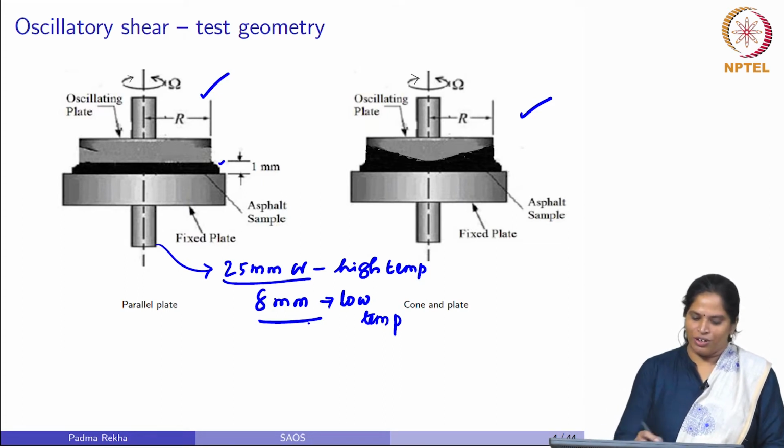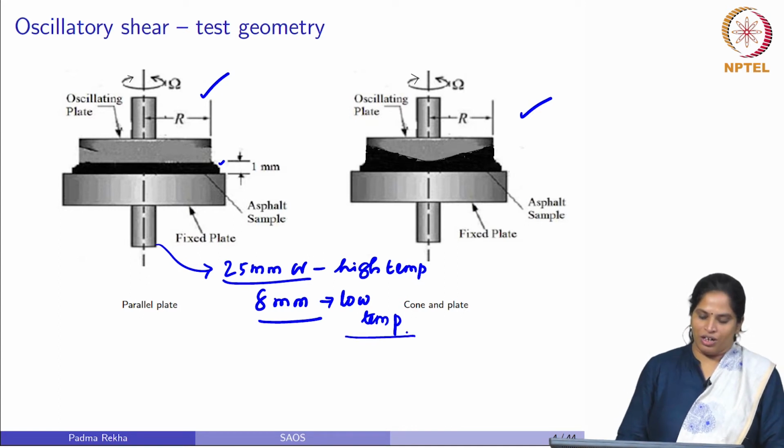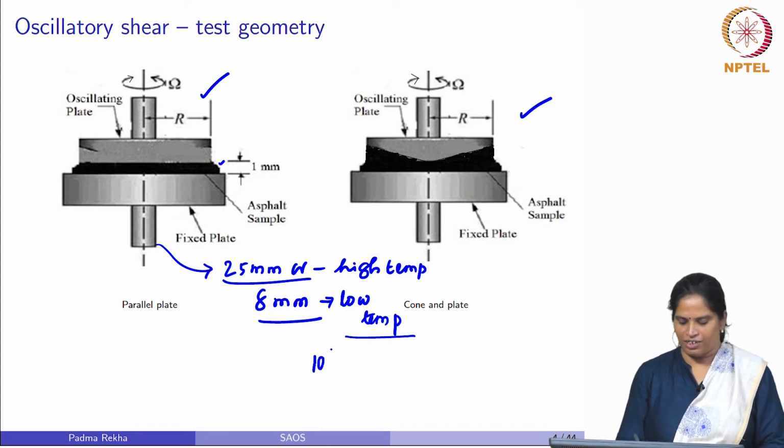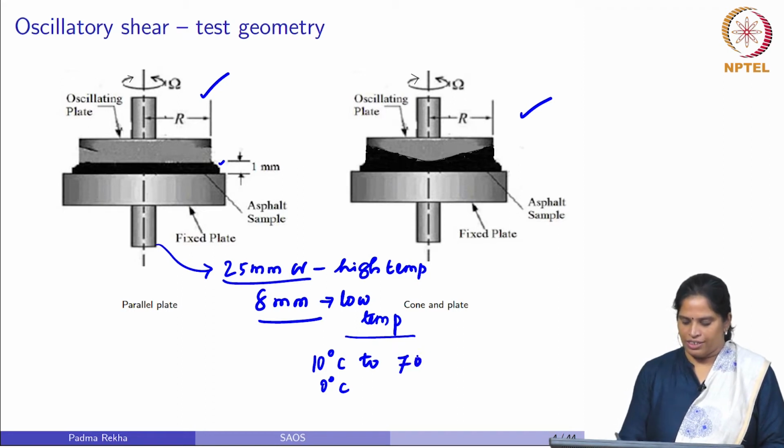Likewise, you cannot use the parallel plate geometry when the material is very stiff at a low temperature. The general temperature range for a bitumen to use this parallel plate geometry is maybe as low as 0 to 10 degrees Celsius, up to 70 or 80 degrees Celsius.